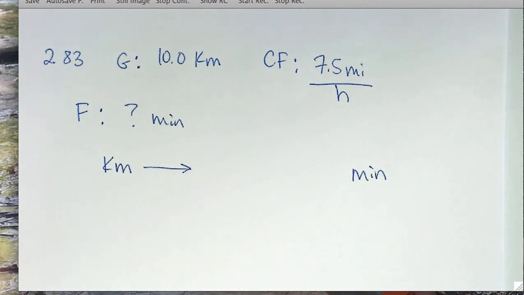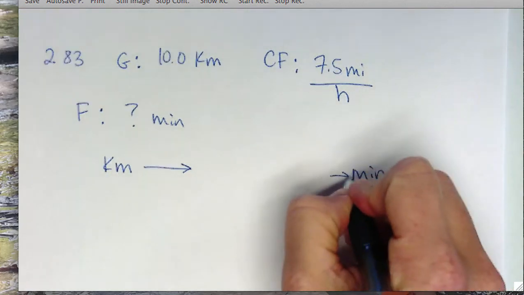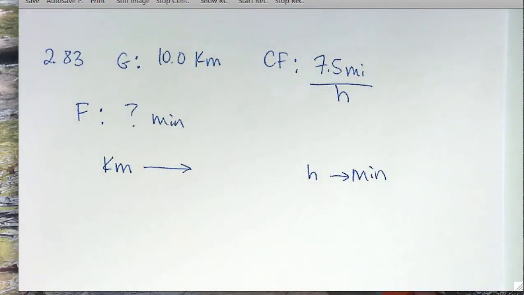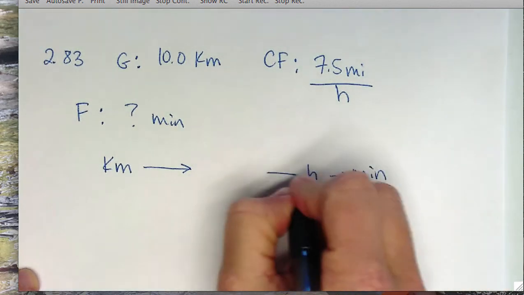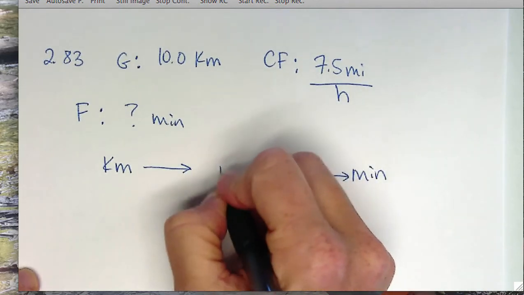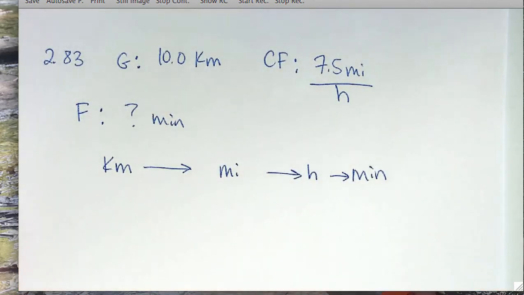So we could conceivably have hours to minutes, right? And then if you go one back from that, this conversion factor, miles to hours, converts between hours and miles. So then you have miles here.